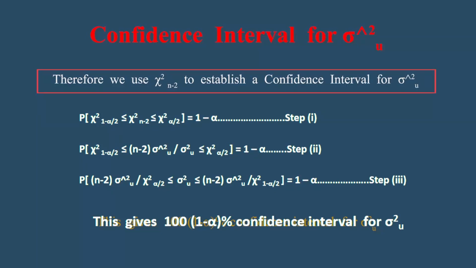If it lies within this confidence interval, we accept the null hypothesis, which means that there is no significant difference between the population variance and the sample variance. Otherwise, if it is less than or greater than, then we can reject the null hypothesis. So this is giving us 1 minus alpha into 100% confidence interval for the variance of the disturbance term sigma square u.